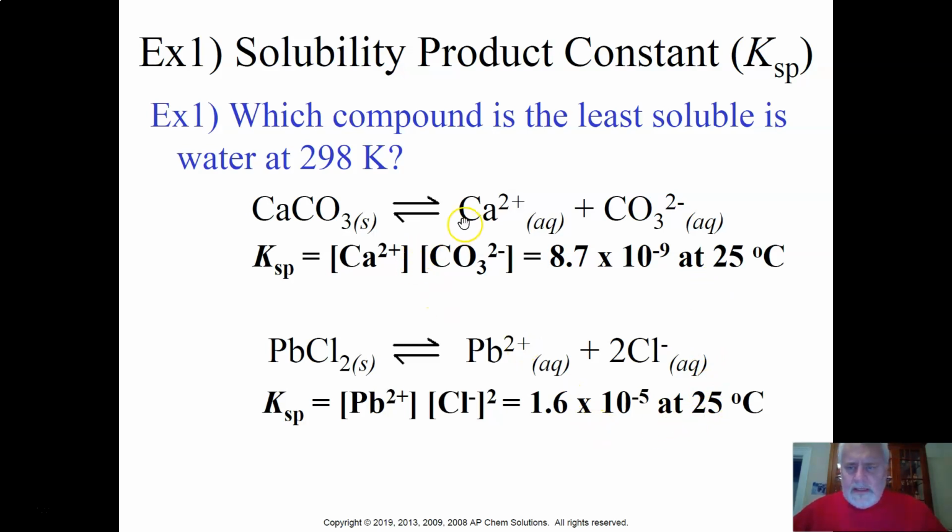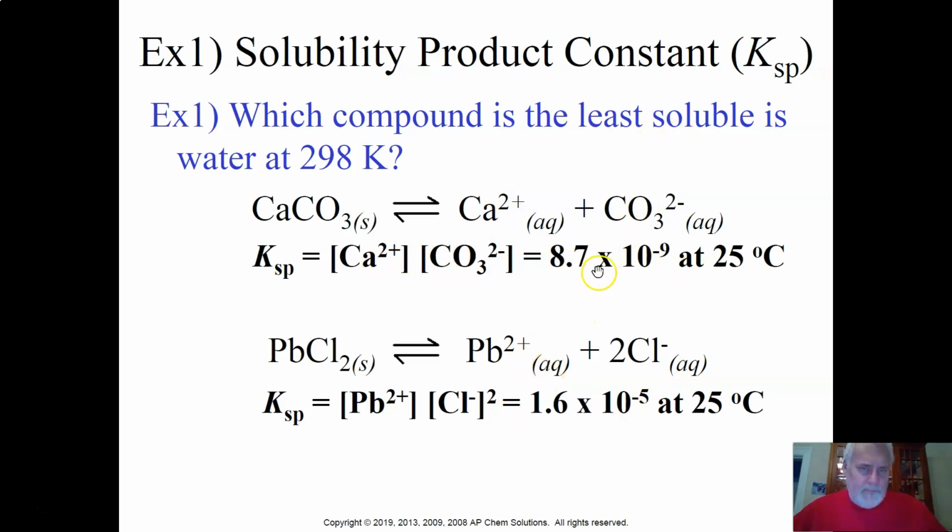So you've got these two equilibrium systems here, and the question is, which one is least soluble? Of course, 298 Kelvin is the same as what they wrote in Celsius down here, because remember, you're adding 273. So we're looking at this going, okay, which one would be the least soluble?